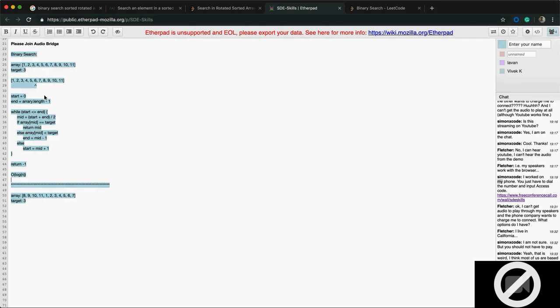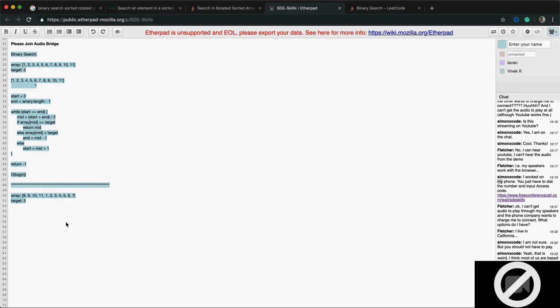Yes, that is correct. We have n elements in the array, and every time we find the middle element and then discard half of the elements in each while loop until we find the element, or we return -1 if we don't find it. So we discard half of the elements in each iteration. That's why the complexity is log n.